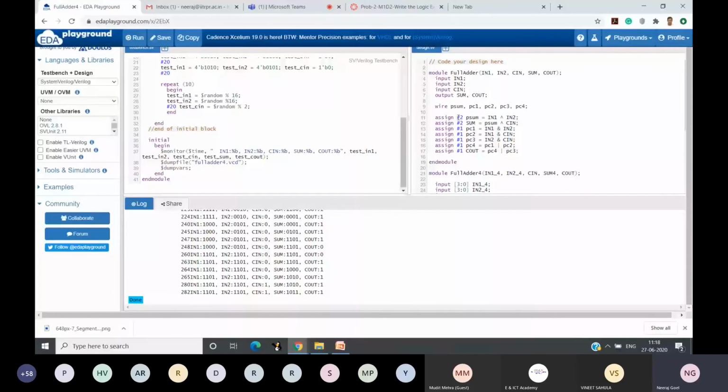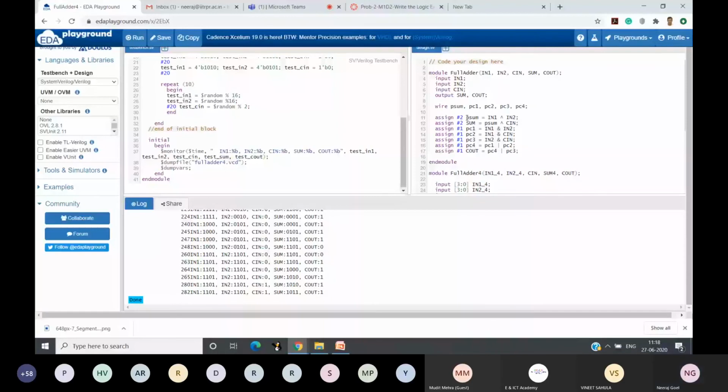The logic equation for sum is IN1 XOR IN2 XOR C in. So I have broken that equation into 2 parts. One is P sum, which is the XOR of IN1 and IN2, and then whatever is the output, I XOR that with the C in.